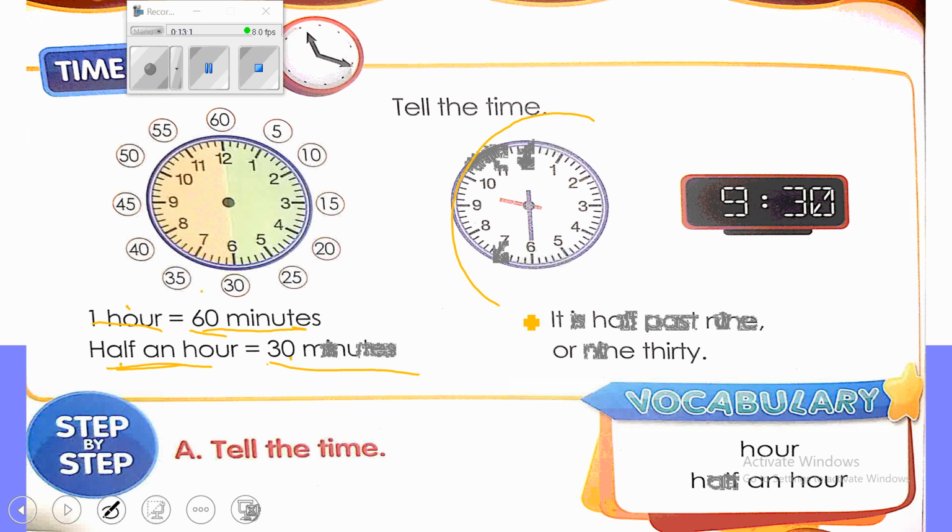Here is, as you see, that it's on 6, so it's 30, or half past. What's the hour here? Between 9 and 10, it is still 9, so it's 9:30, or half past 9. Half past, then I write the number, the hour, or 9:30.